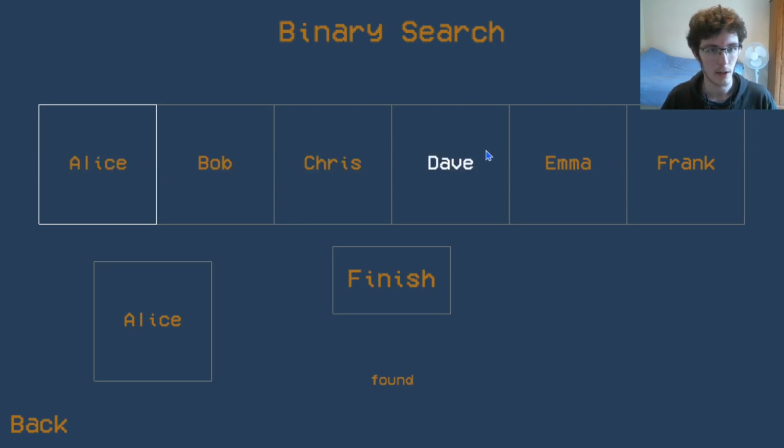Linear search, on average, with a collection of 6 items, is going to have to do about 3 checks. 3 checks will get to half of the collection, and so that's kind of the average. If we double that, if we have 12 values to check, the average is going to go from 3 to 6. We double the size of the collection, we double the amount of checks that a linear search has to do.